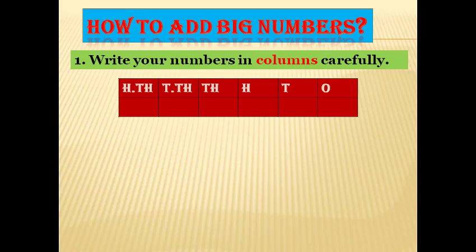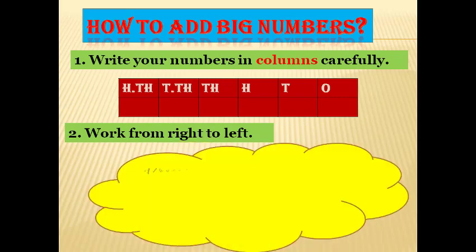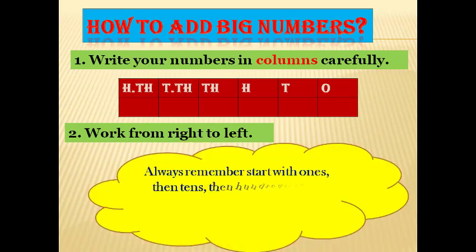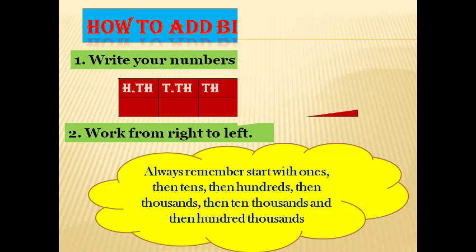We will write our numbers according to this place value chart very carefully. Number 2, work from right to left. Always remember, start with ones, then tens, then hundreds, then thousands, then ten thousands, and then hundred thousands.